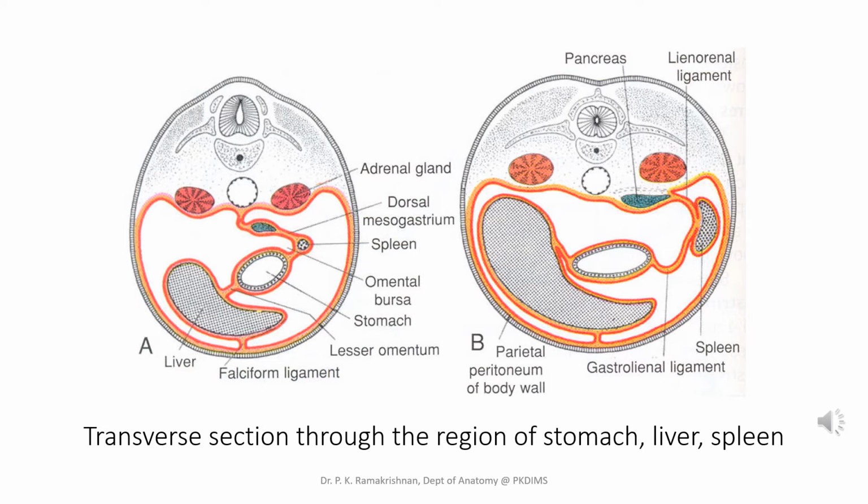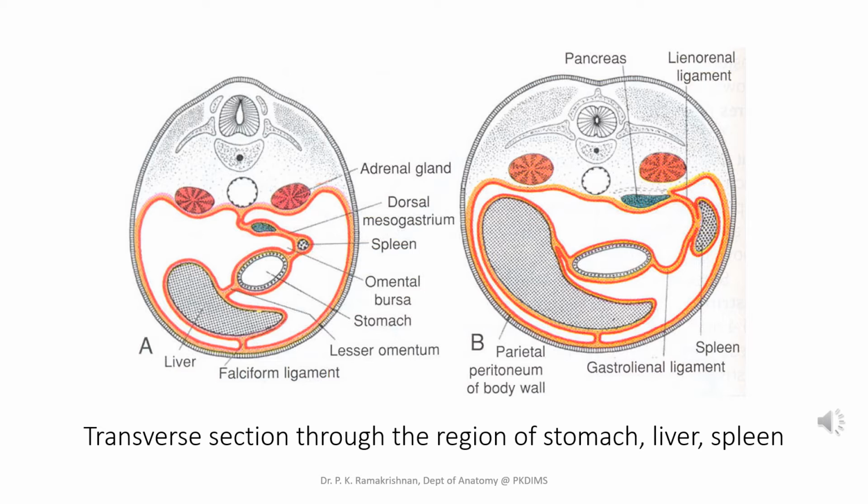This transverse section through the abdomen in the region of the stomach, liver, and the spleen helps you to identify the derivatives of the ventral and the dorsal mesogastrium.